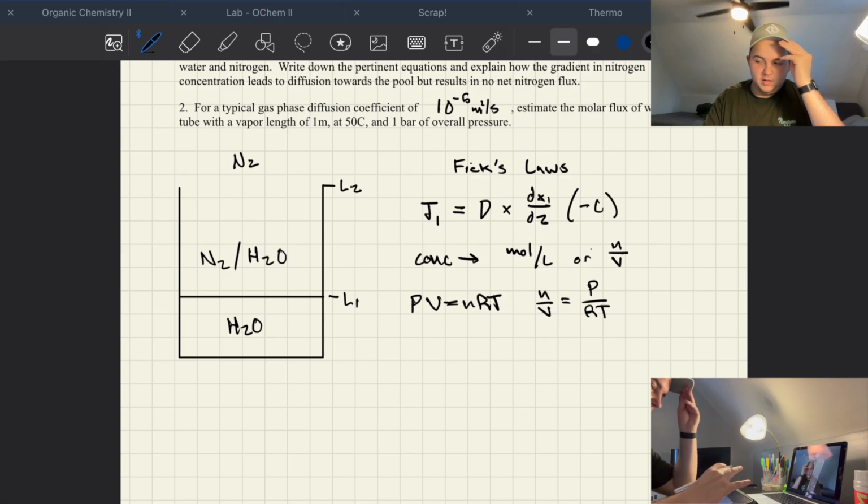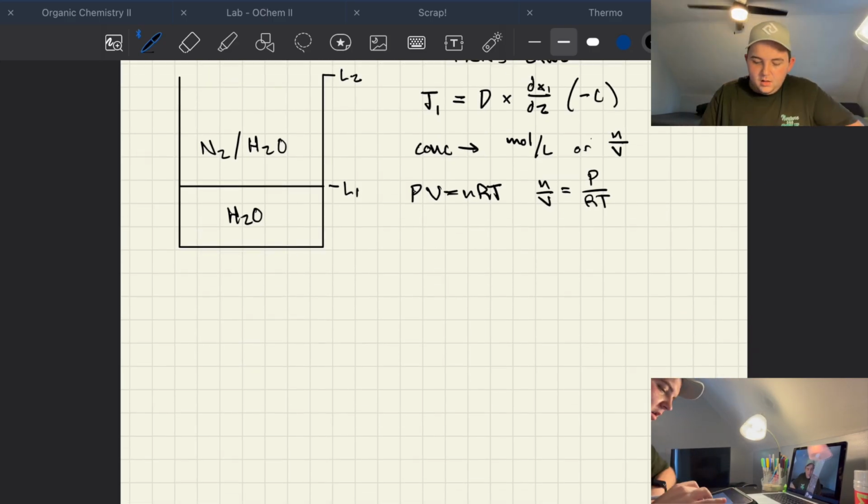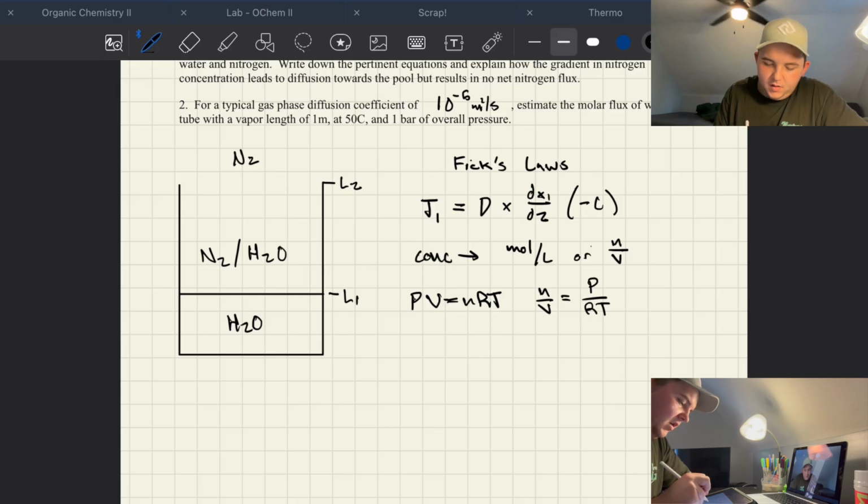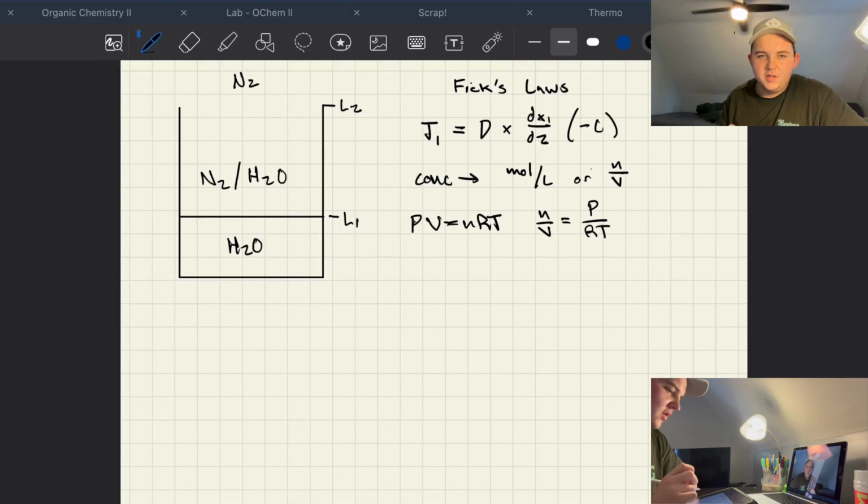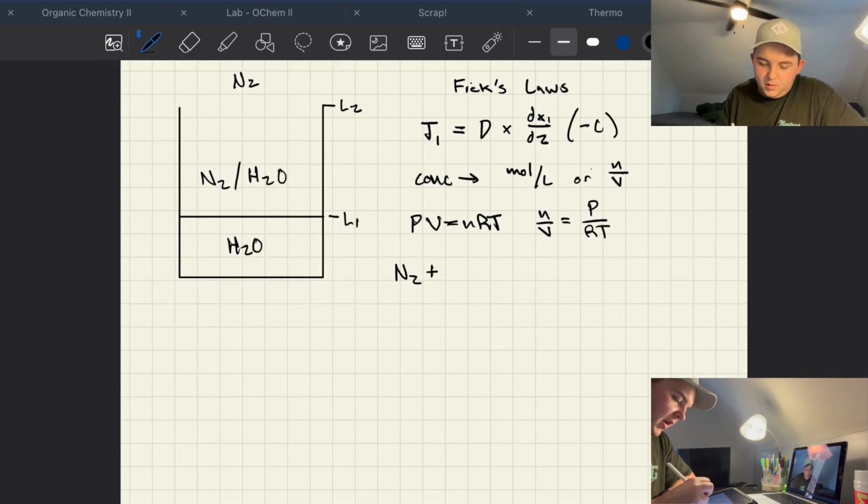Now what we need to do is just balance our concentrations. In our whole container here, we only have nitrogen and water. So our nitrogen plus our water is going to be equal to our C total, our total concentration.